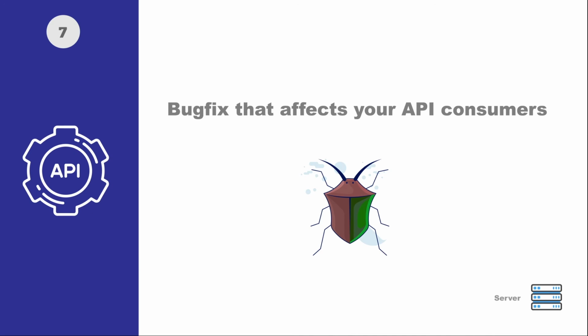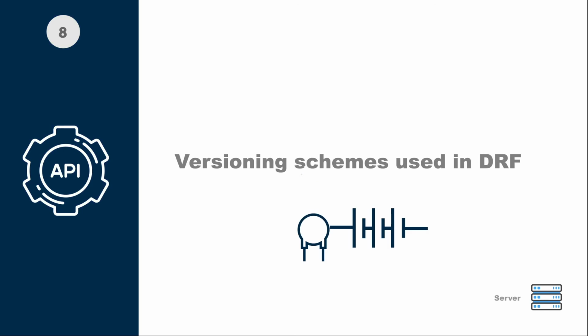We assume there is a big bug that was affecting the old consumer, and now the team decided, hey, we need to fix this bug. As soon as the bug is fixed, it's always better to release a new version relating to that API.